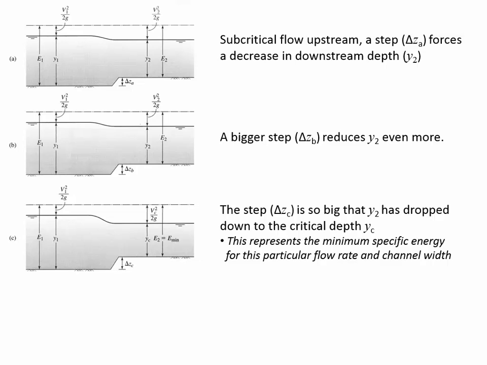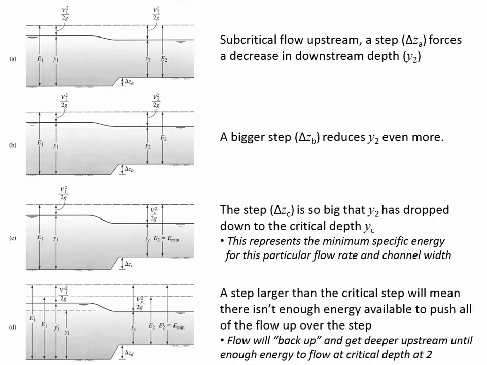step. But if we raise the step even further, so now here in condition D, we made that step up even bigger than it was in C. Now what you can see is that the water had to respond upstream. At location 1, there simply wasn't enough specific energy to get over that obstacle. And so the water had to pool and pool until it had enough specific energy to get over the new obstacle.